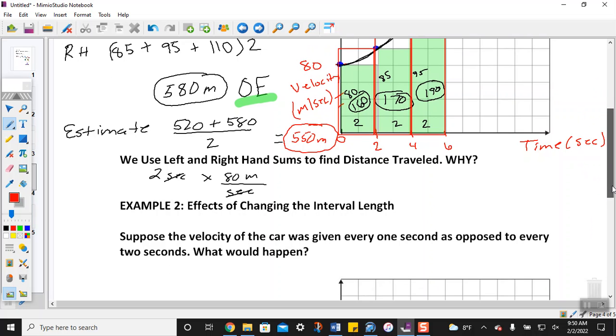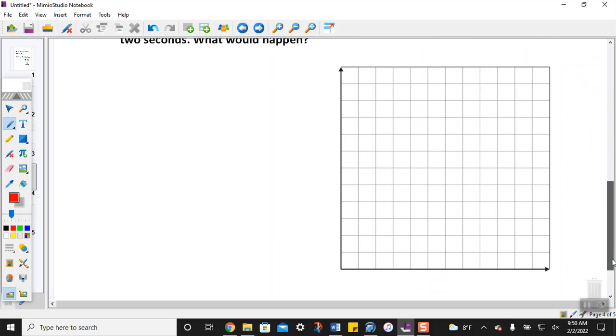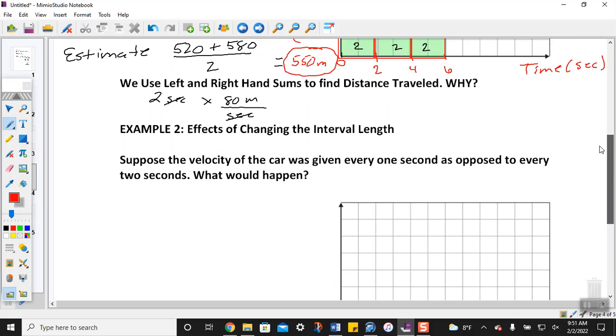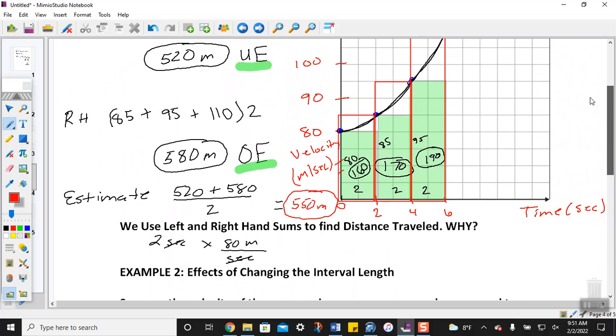All right. We're really saying the following. Let's make the same exact graph again. So I'm going to call this 2 seconds down here. I'm going to call this 4. And I'm going to call this 6 right here. Now, I think we had a break in the graph, didn't we? Yep. Okay.